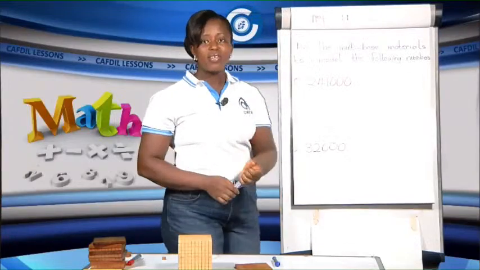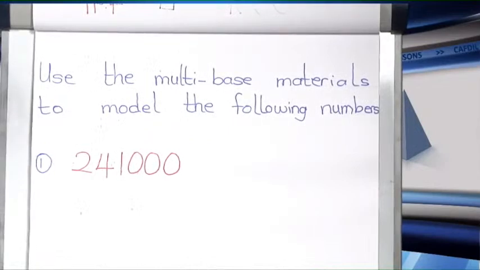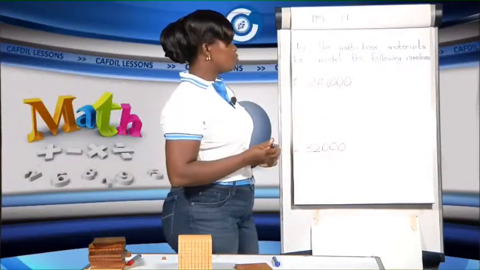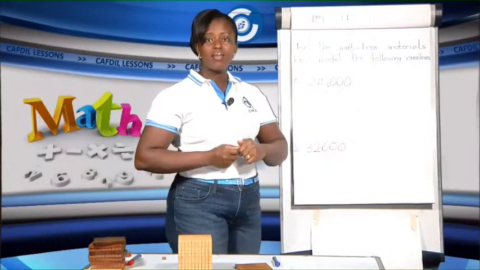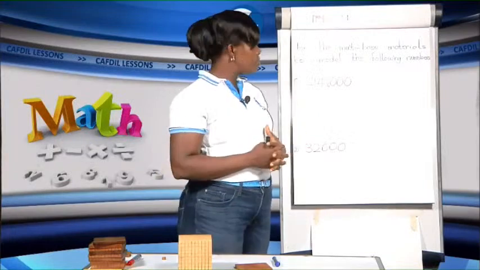I have a question here. Use the multi-base materials to model the following numbers. We have 241,000. With this number, how are we going to model it using the multi-base materials?